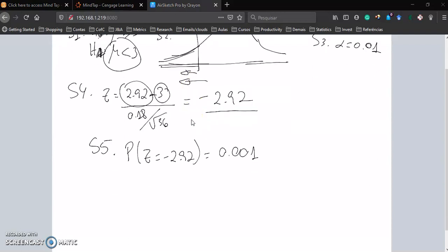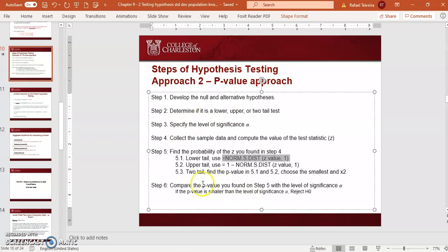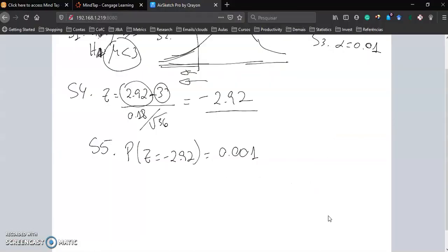Okay, and the last step is compare the p-value with the level of significance. If the p-value is smaller than the level of significance, reject the null hypothesis. Let's go back here. So let's call this, to make it easier, p-value.